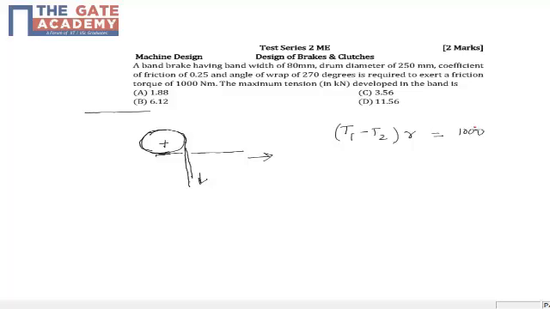T1 minus T2 times R, where R is the radius of the drum, which is 250 mm, so 0.125 meters. So we know the torque, we know the radius, so we get T1 minus T2, which you can write as 1000 by 0.125.